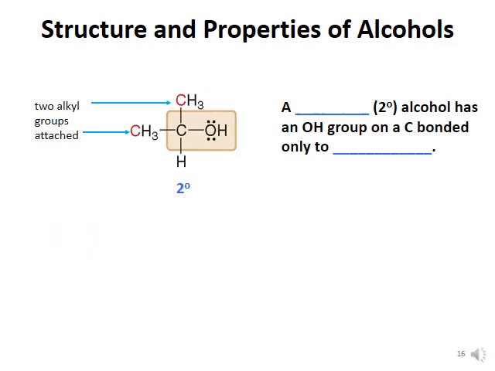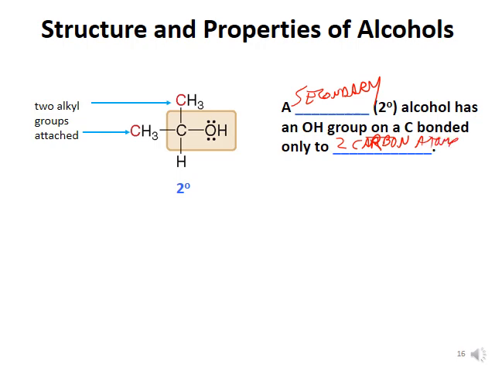Now, if you have 2 alkyl groups attached, I think it's probably pretty clear what that's going to be. Secondary alcohol, OH group on a carbon bonded only to 2 carbon atoms.